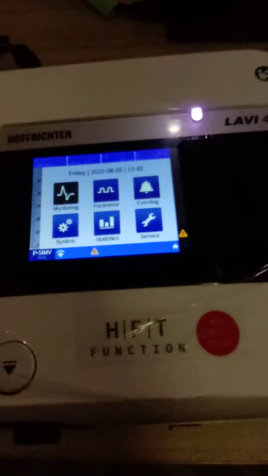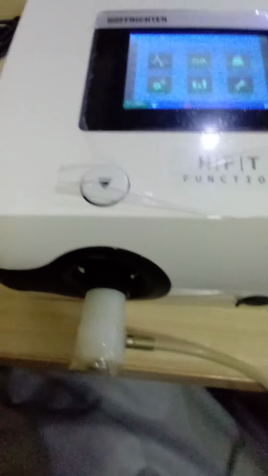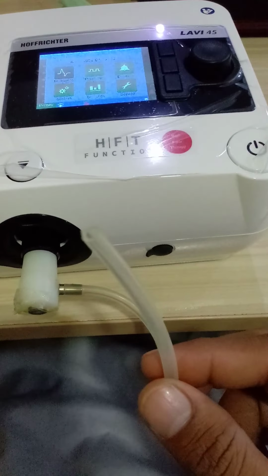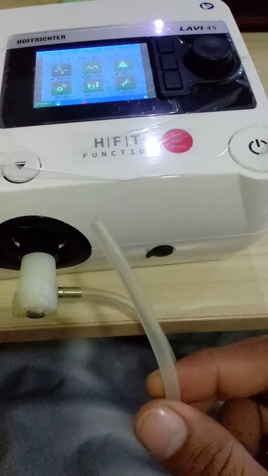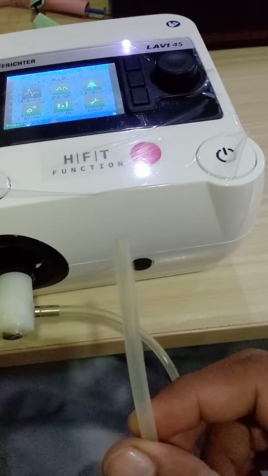Here I am going to attach test lungs. Yes, this is a test lung. Here is a pipe. If I want to take a spontaneous breath, I can try by this pipe.